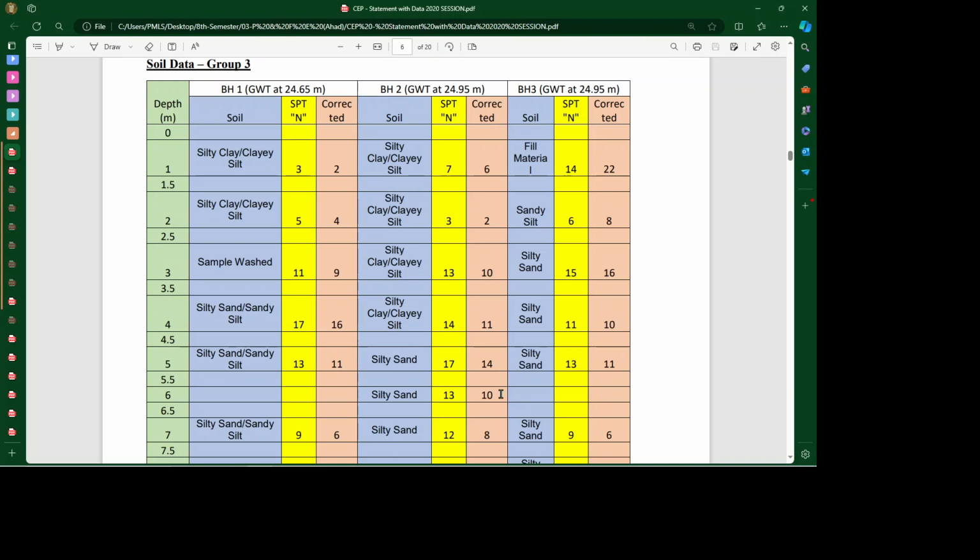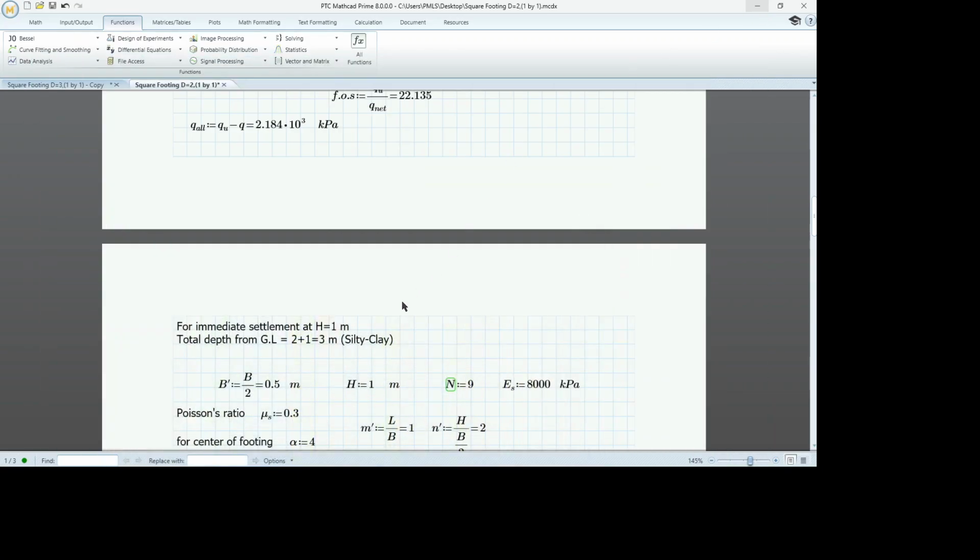Corresponding to each soil layer we need to calculate the settlement. How we calculate settlement depends upon the soil layer's nature. If the soil is clay, it has a different method. If the soil is a silty sand, it has a different method to find out the settlement.